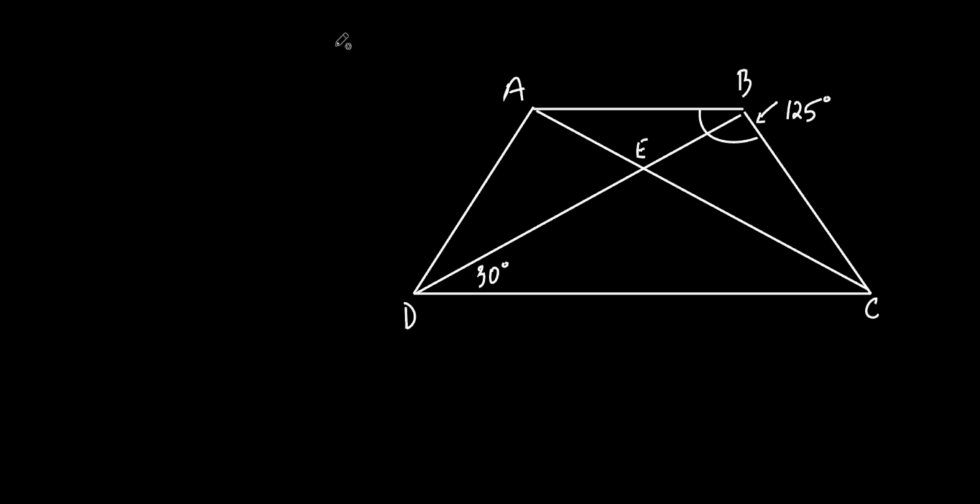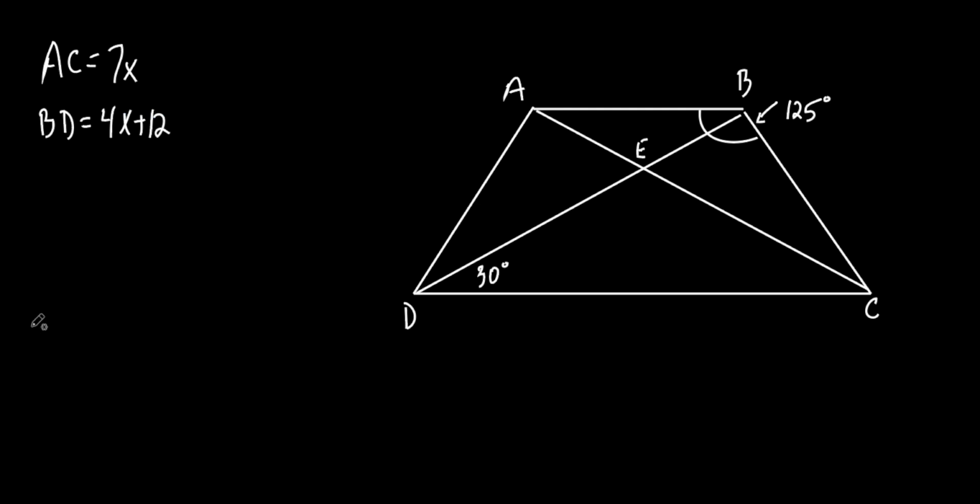Oh, they tell you one more thing about the sides. We're not going to do that till the very end, but I'll write it down: AC is equal to 7x, and BD is equal to 4x plus 12. I'll just write it off to the side, it just gets too messy.